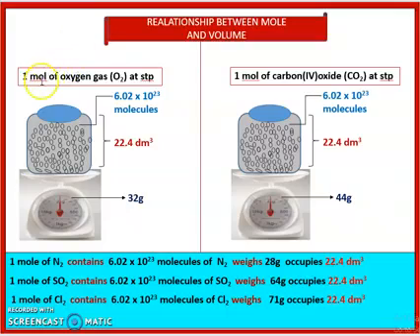For instance, 1 mole of oxygen gas at STP occupies the volume of 22.4 dm3. That is to say that this is 1 mole of oxygen in this container.